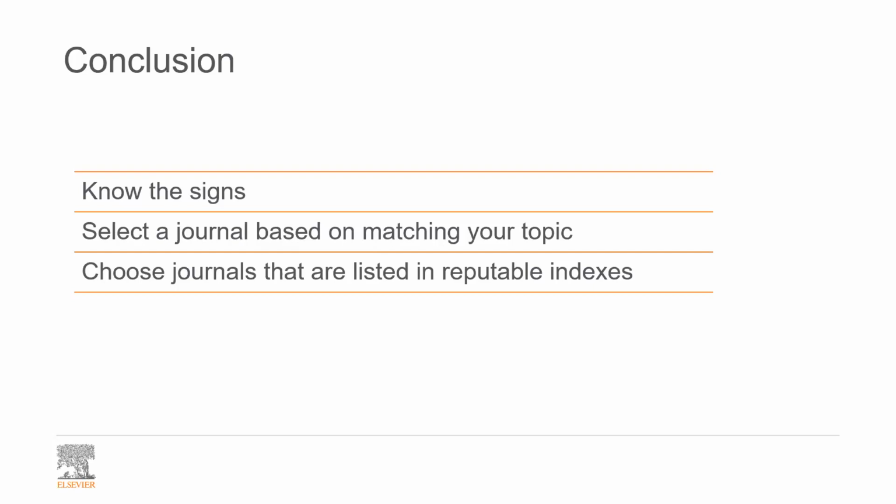Select the best journal for your article, not the first journal that reaches out to you and asks you for your manuscript. So this is a second important step, and then is to rely on those journals that are already in reputable indexes. That can save you a lot of time. Right, so this is in conclusion.